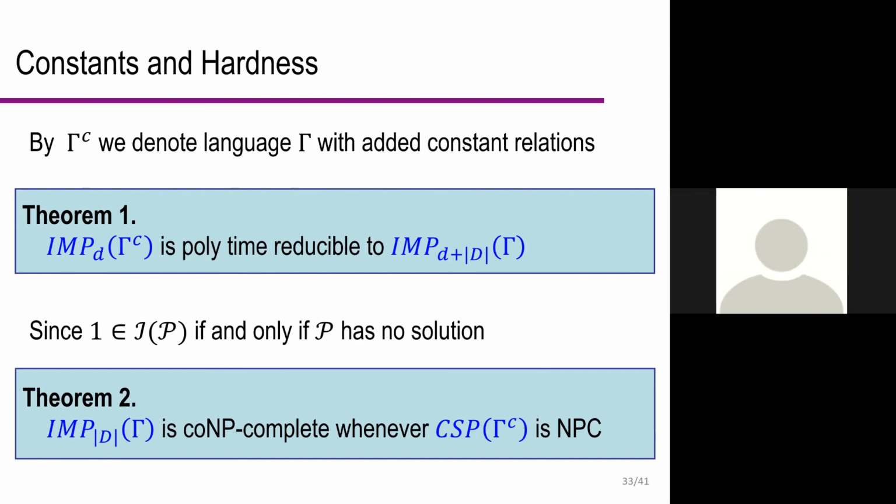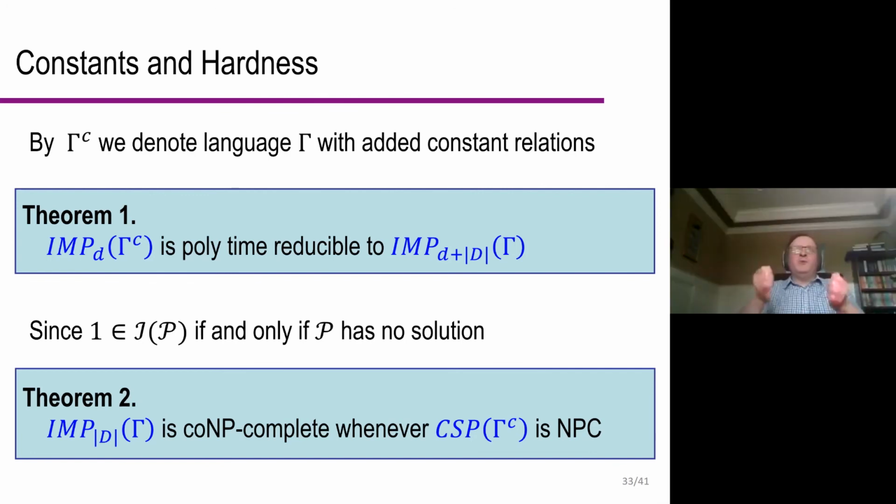So what is coNP? It's a class of problems for which there is a polynomial witness of the null instances. Right. So if the answer to your decision problem is no, I can give a witness that this is the case. Right.